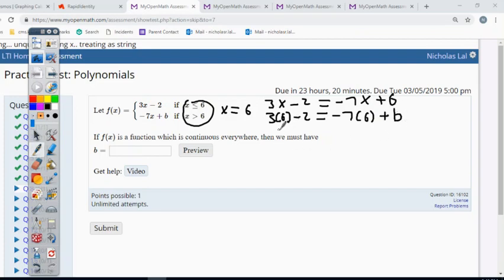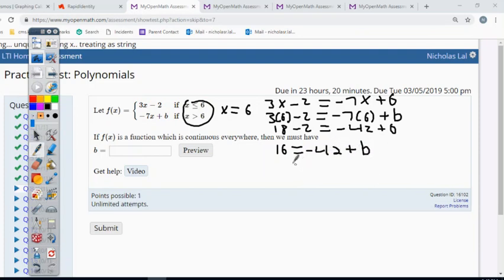6 times 3 is 18. 18 minus 2 equals, by the way, negative 7 times 6 is negative 42, plus b. So 16 is equal to negative 42 plus b.